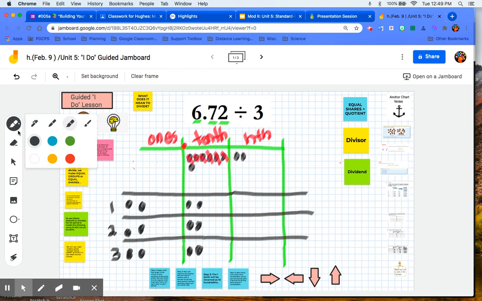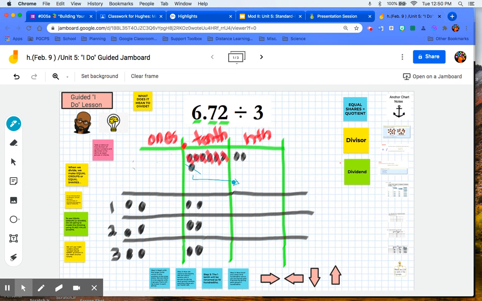Well, you do what's called transfer. You have used your understanding of place value already. You take this one and you bring it over, transfer it over.